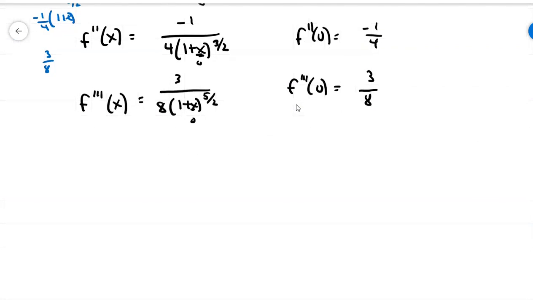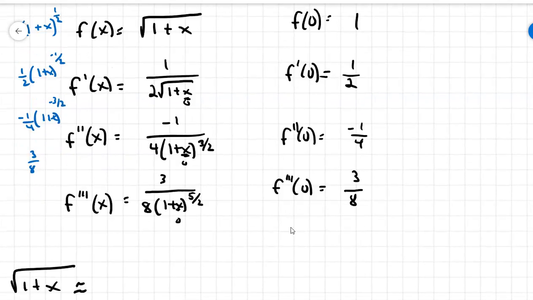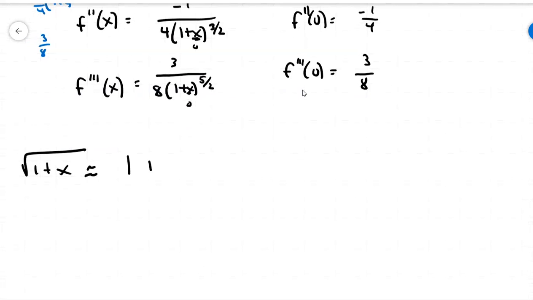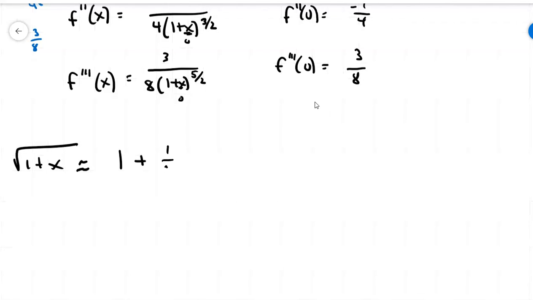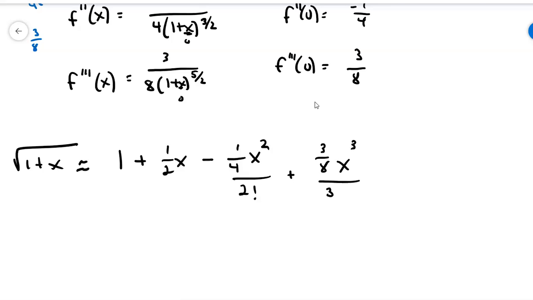The square root of 1 plus x is approximately equal to f of 0, which is 1, plus f prime of 0, which is a 1/2, times x minus 0, and then f double prime, which is negative quarter, x minus 0 to the second over 2 factorial, f triple prime, x minus 0 to the third over 3 factorial.